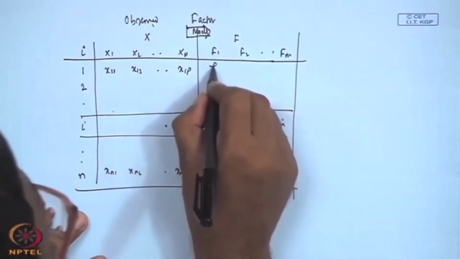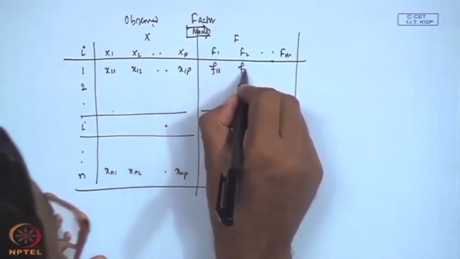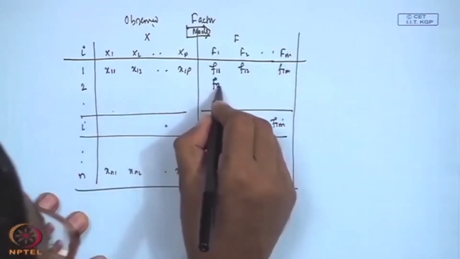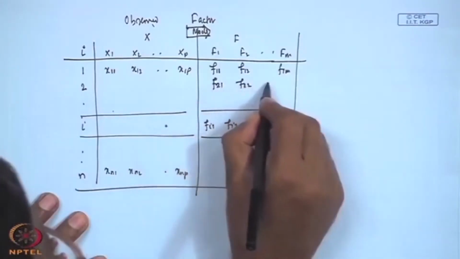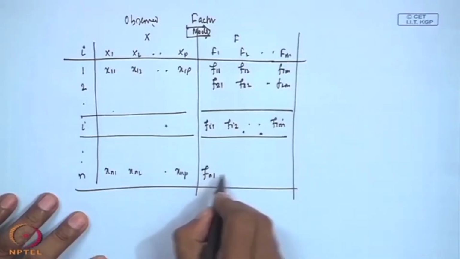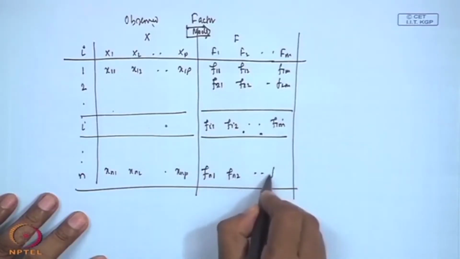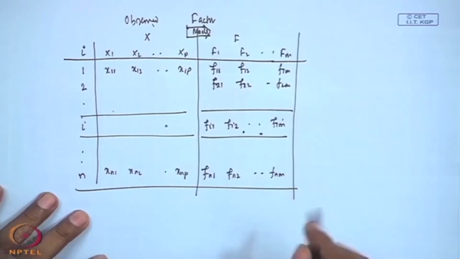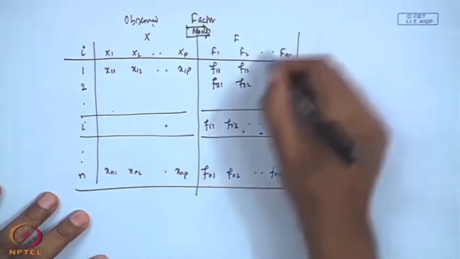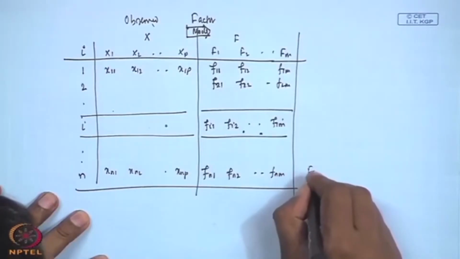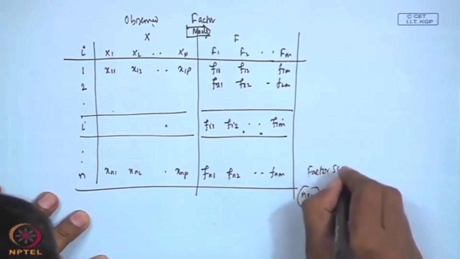So for the first observation it will be F11, F12, F1m. For the second observation F21, F22, F2m, and like this. For the last observation Fn1, Fn2, Fnm. So as a result, you have a data set of n cross m, which are known as factor scores.